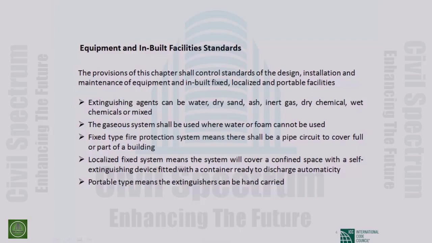There are some portable system which we use as a hand carried system. Normally it is used by inmate of the building at the time of fire. So you understand that all extinguishing system or type of system will depend on type of fire.